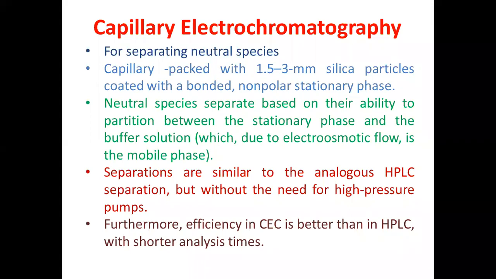The elution was performed in HPLC utilizing the reverse phase chromatography principle. So by using such a non-polar stationary phase, the separation of neutral species can be employed, and this is called capillary electrochromatography. Here, the neutrals are going to be separated based on their ability to get partition between the stationary phase and the buffer.